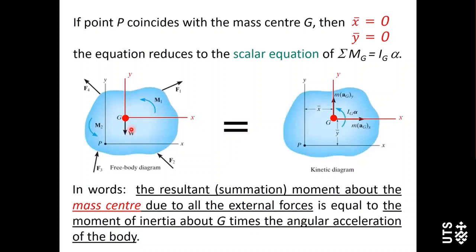Okay, now you will see, if we set point G as the origin of the coordinate system, then in the last slide, in the equation, x bar and y bar, these two will become 0. Then what will happen? We will get an equation like this. The resultant moment about point G should be equal to IG alpha.